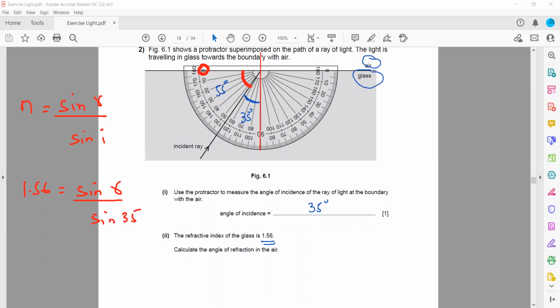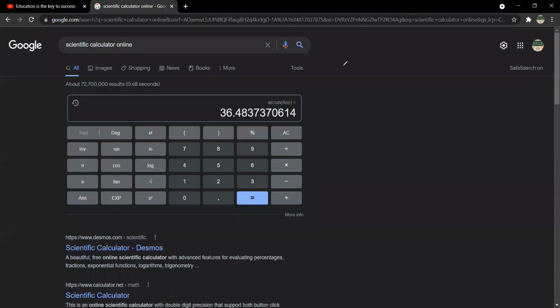So we'll use a scientific calculator, because moving from glass to air, the refractive index is equal to sine r divided by sine i. The refractive index is 1.58. That was given in the question.